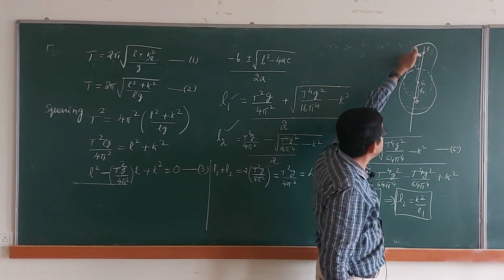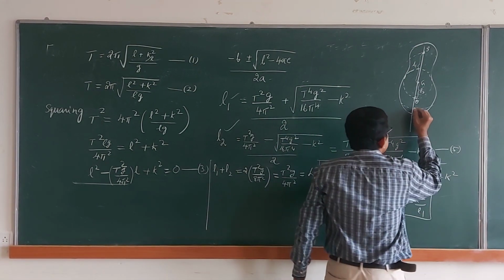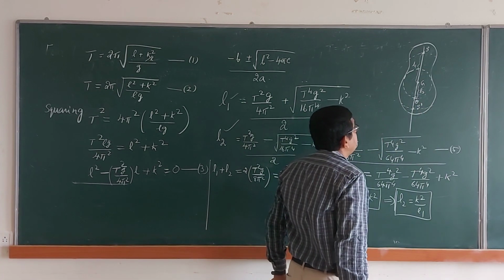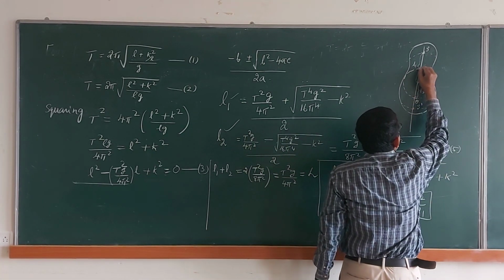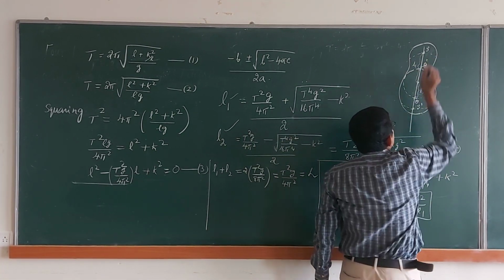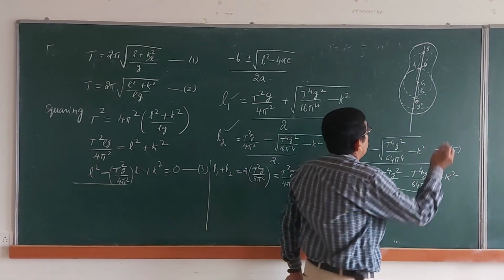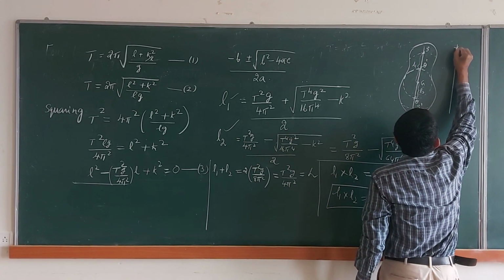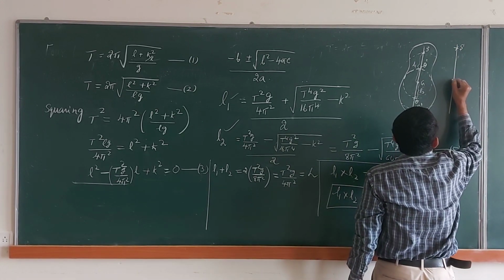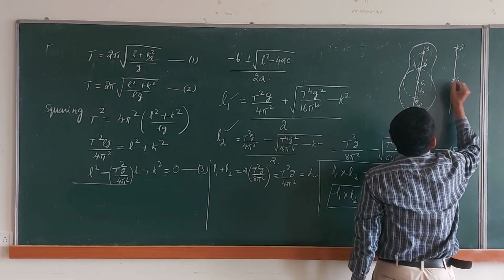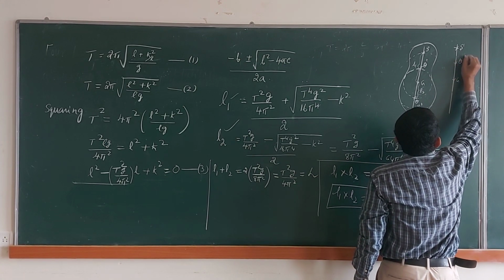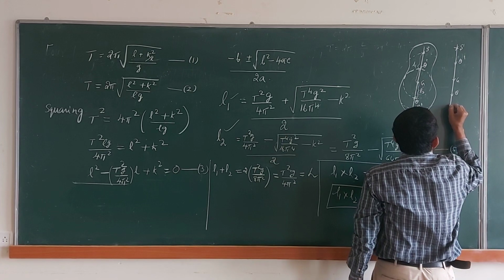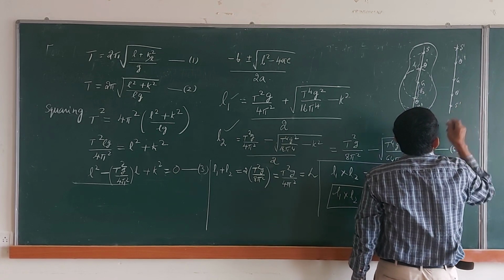Correspondingly, if this is the center of suspension, let us write it as S dash, and for that this becomes O dash. On the other side, this is the position of the center of gravity, this point is O dash, this point is O, this point is S dash.